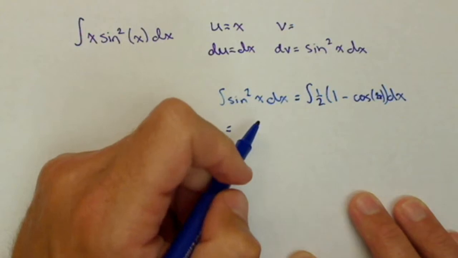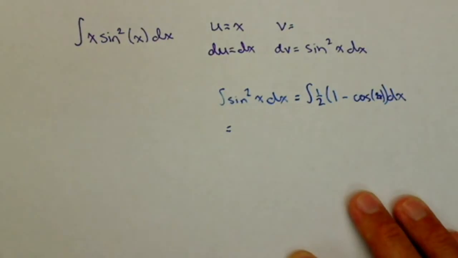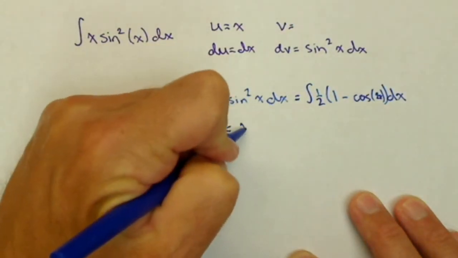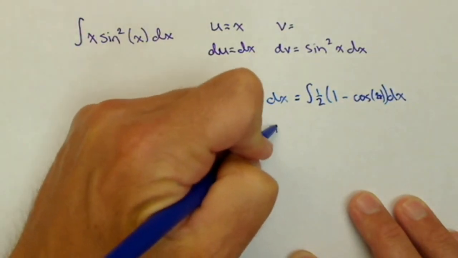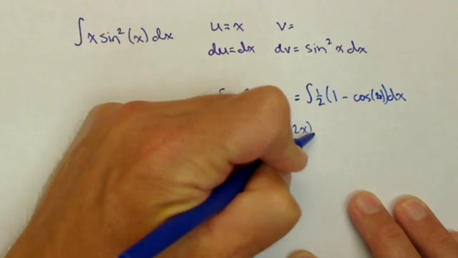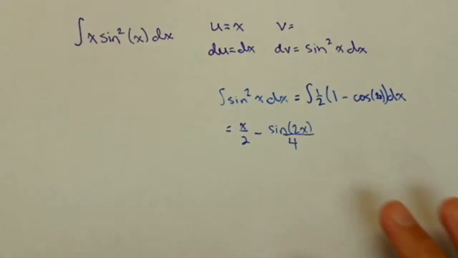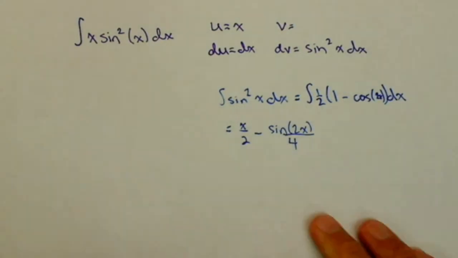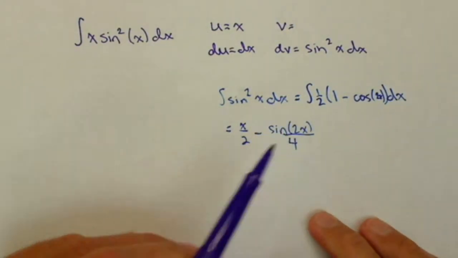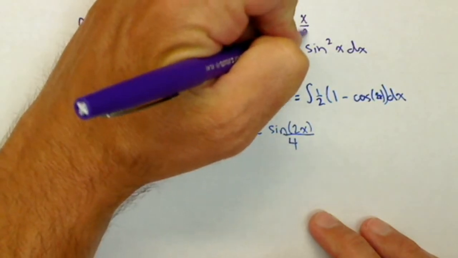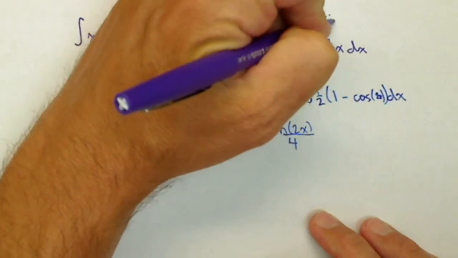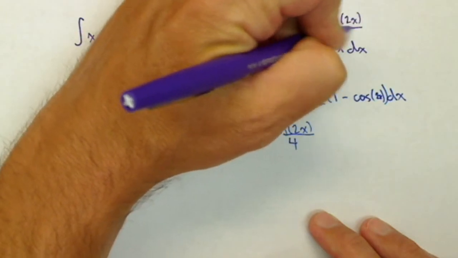So the antiderivative in doing it this way is going to be x over 2 minus sine of 2x over 4. Not the prettiest thing in the world, but as far as what we're trying to do, it'll work out just fine. So my v is x over 2 minus sine of 2x over 4.